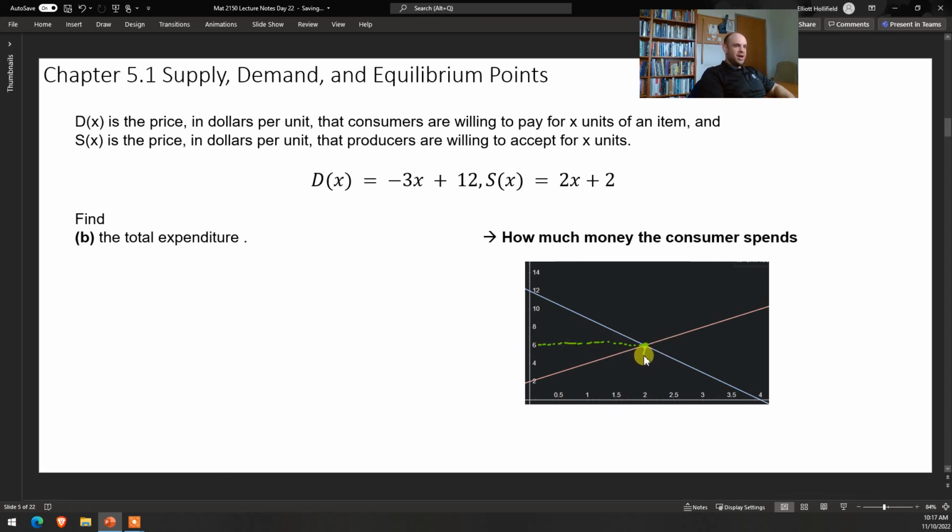The number of items produced is 2. So if all of those items are indeed sold, then the amount of money spent on that many items corresponds to the area of this rectangle.